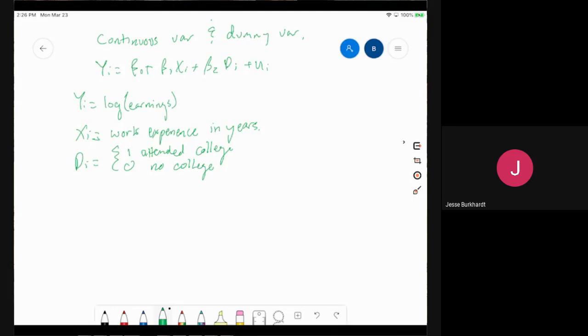But suppose we want the effect of additional experience to differ for college versus non-college grads.